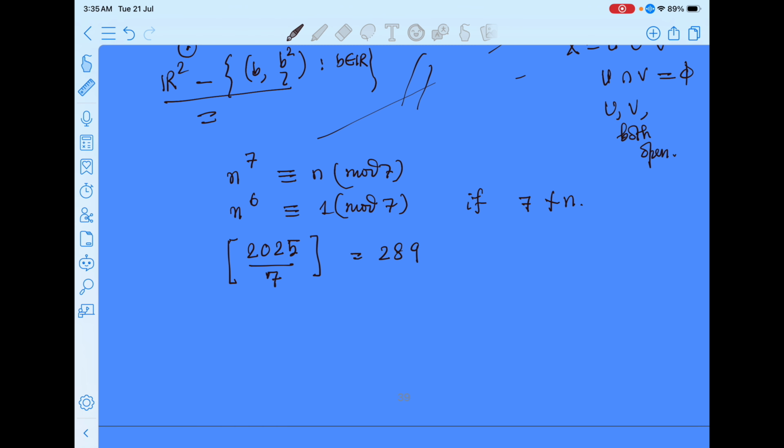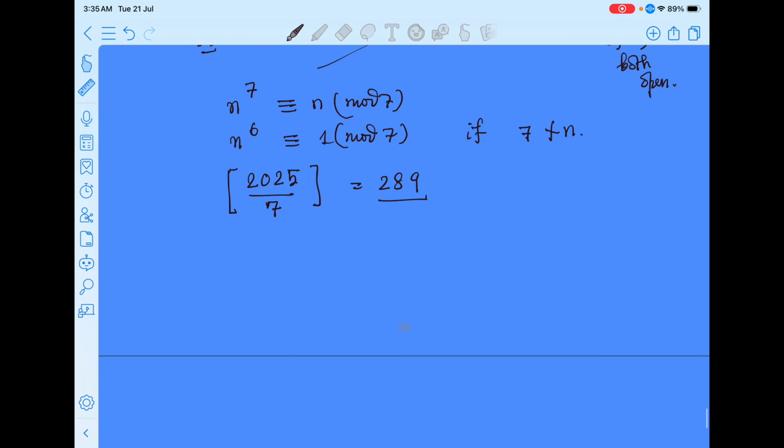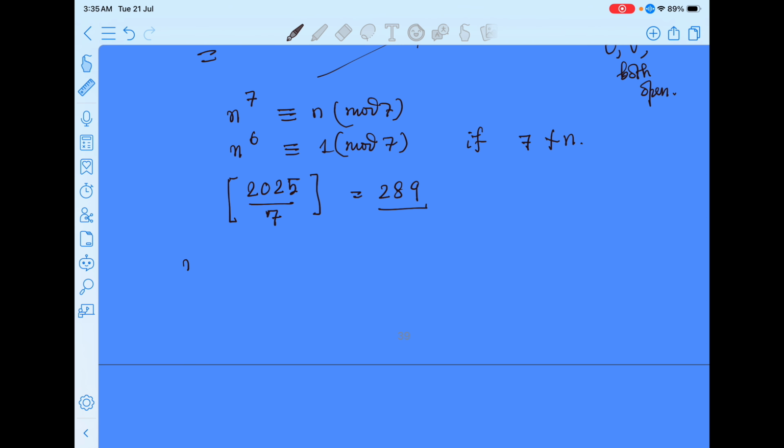So up to 2025, how many natural numbers are there which are divisible by 7? That is 289. Okay, now if n to the power 6 is congruent to 1 mod 7, then n to the power 6k is also congruent to 1 mod 7.